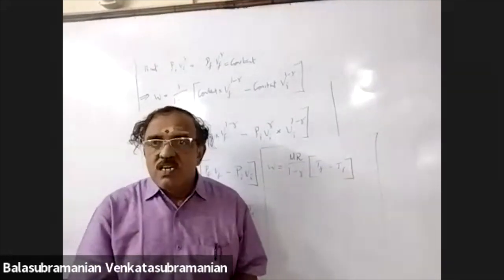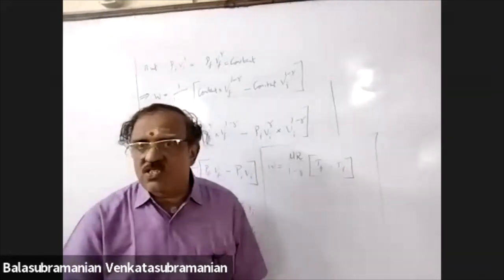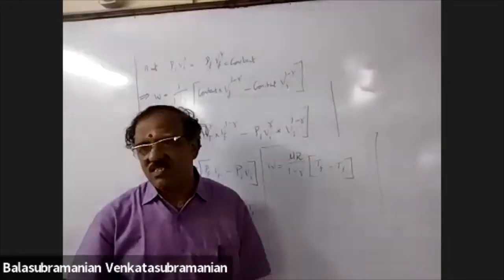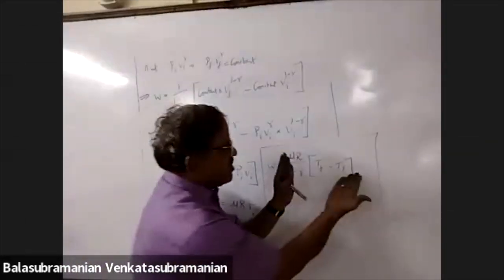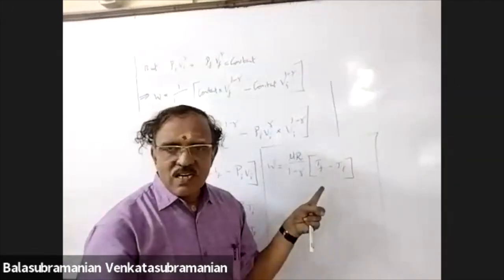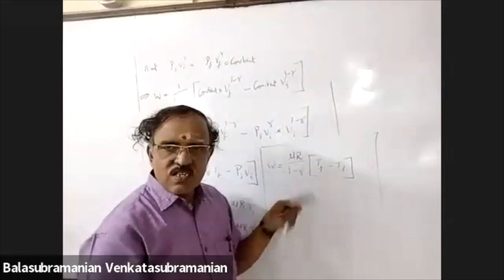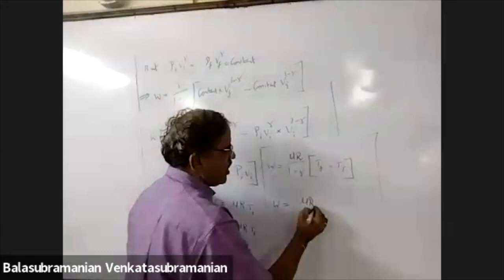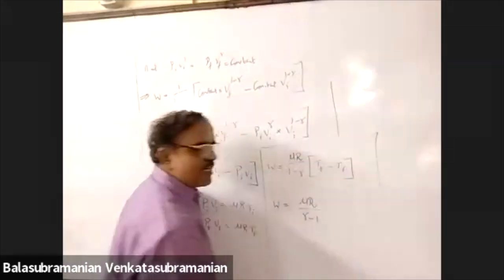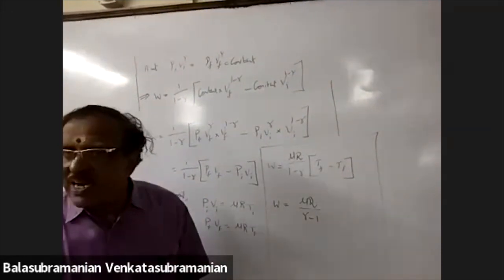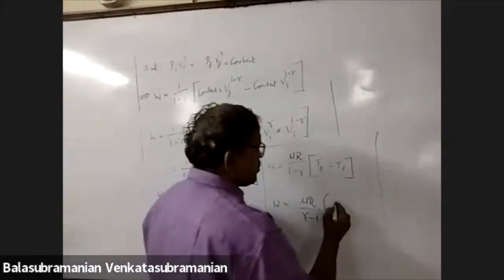Expansion means temperature decreases, so final temperature is less than initial temperature. So change this, and when you change this, you get a minus sign. W is equal to mu R by gamma minus 1, when you put gamma minus 1 instead of 1 minus gamma, you will get one negative sign, Ti minus Tf.